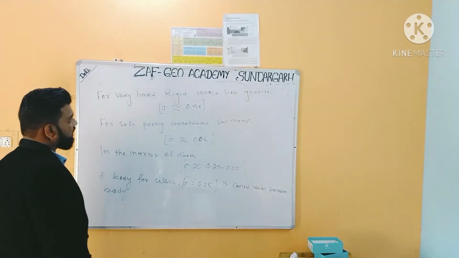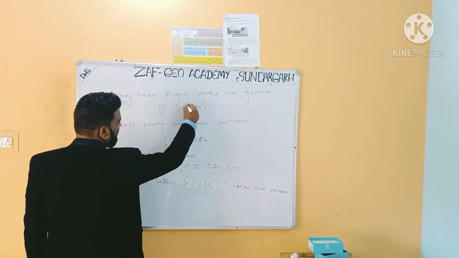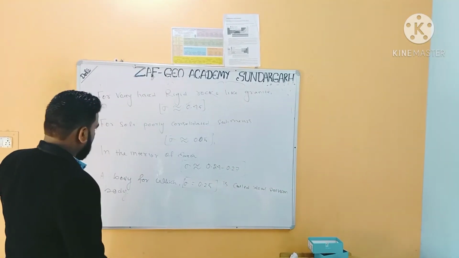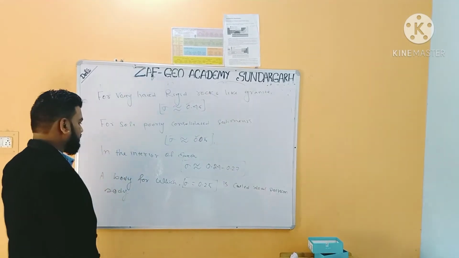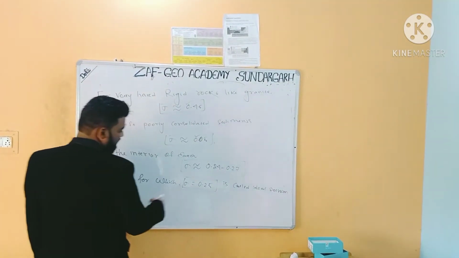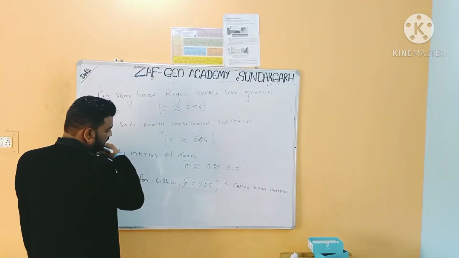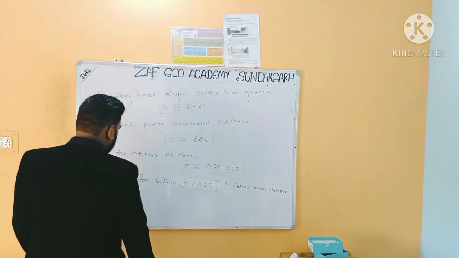For very hard rigid rock like granite, sigma is approximately equal to 0.45. For soft poorly consolidated sediment, sigma will be equal to 0.05, and for the interior of Earth, the value of sigma ranges from approximately 0.24 to 0.27.